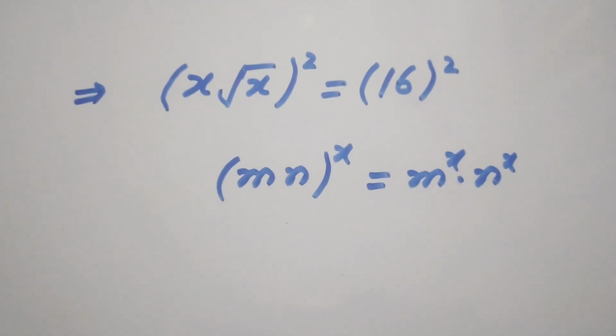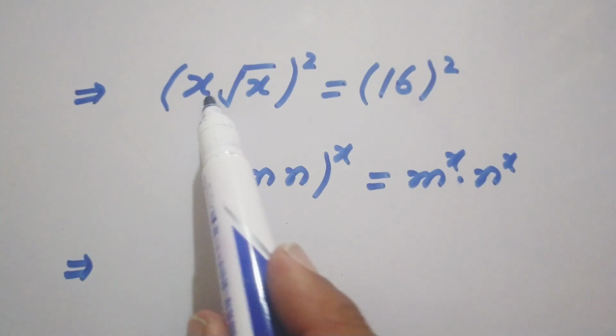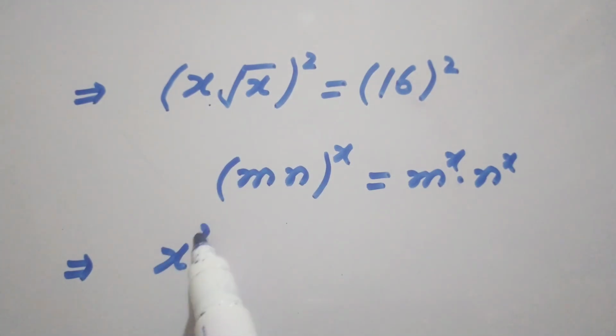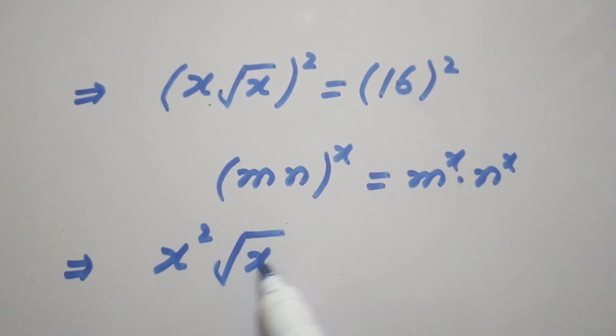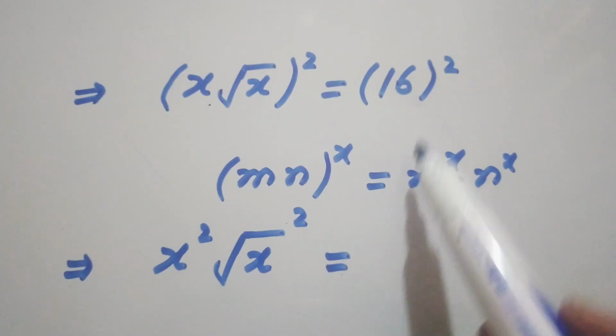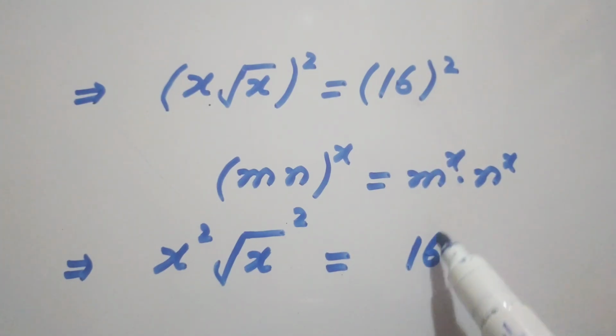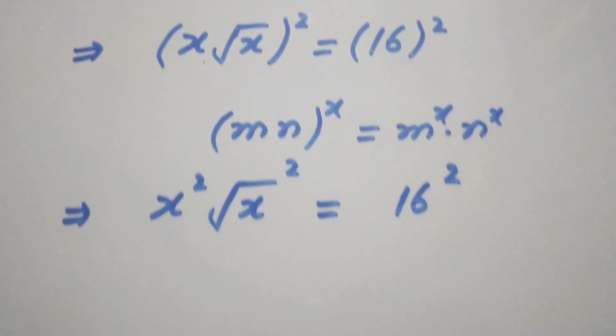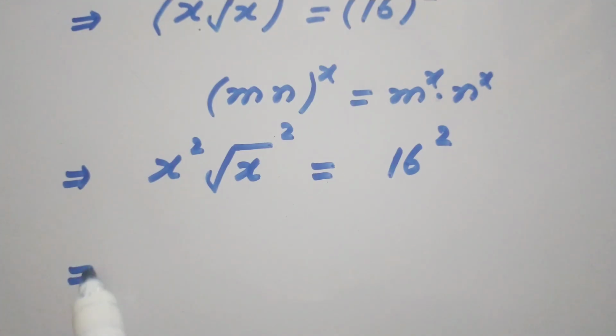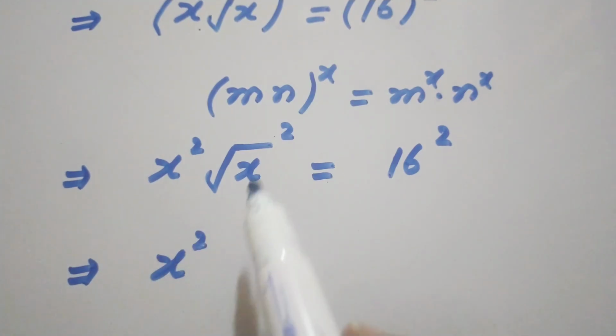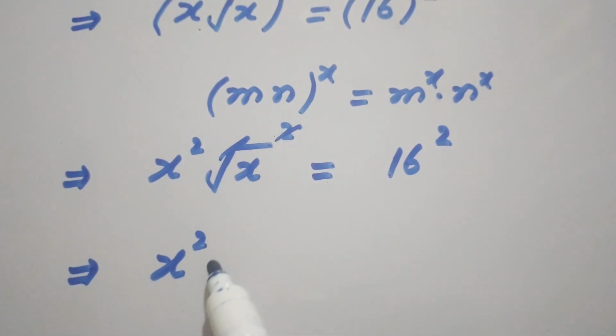So this will become x squared into square root of x squared is equal to 16 squared. Now the square root and square cancel out each other, and here x will be left.